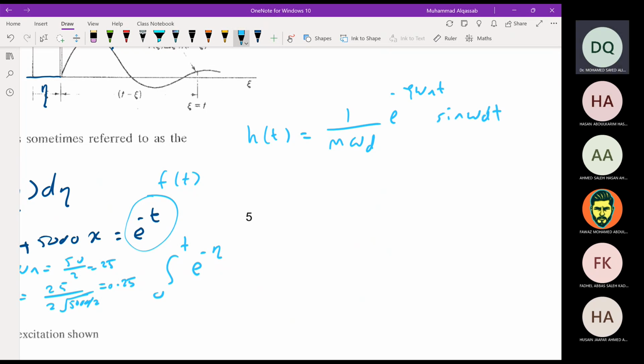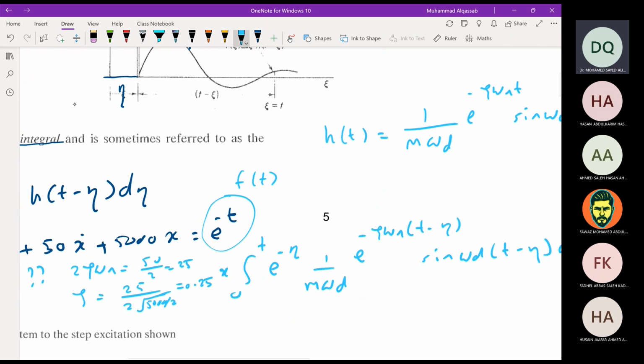Okay, so in the convolution integral, we will put 1 over m omega d e to power minus zeta omega n. Instead of t, you put t minus eta, sine omega d. Instead of t, you will put t minus eta, d eta, and you integrate over eta. That will be the response.